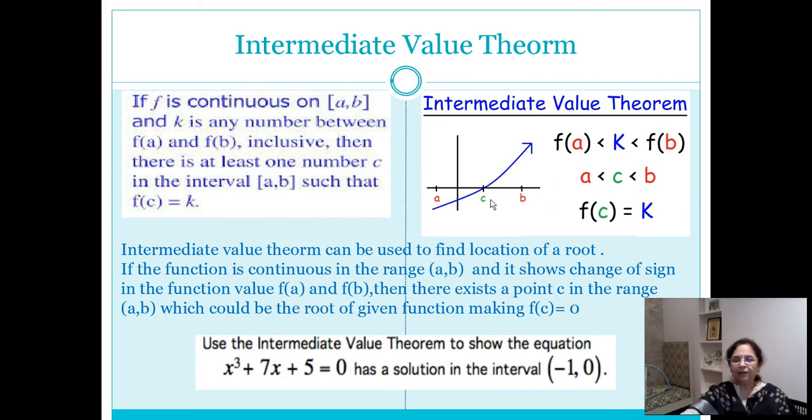Okay. So k could be any point, and c could be any point which we have shown. In this case it is used as if this is a root. Okay. Now this intermediate value theorem can be used to find the location of a root.